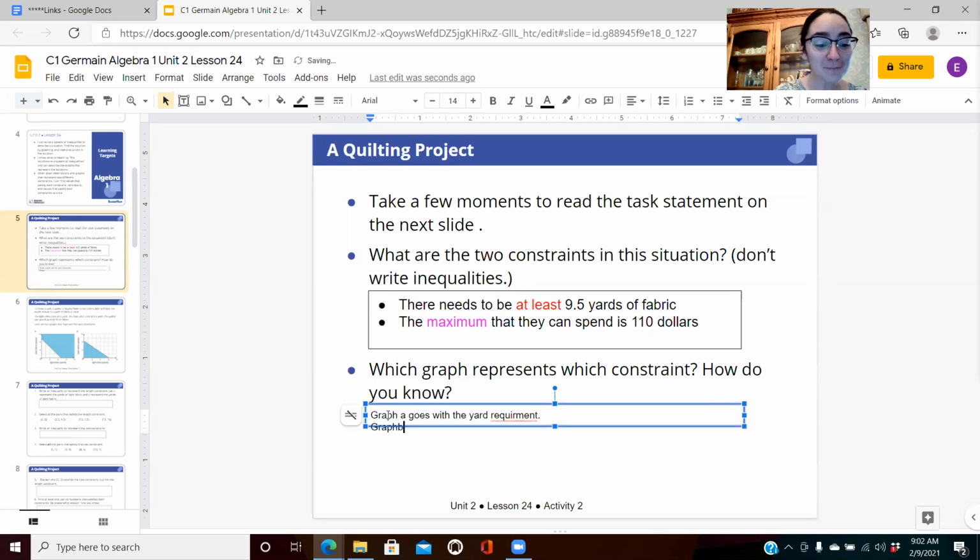Okay. Graph B goes with the spending requirement.